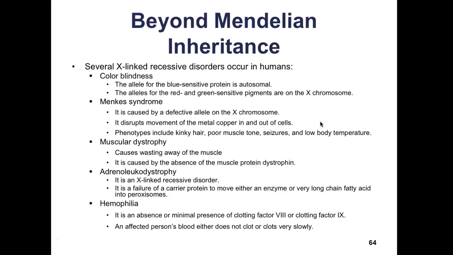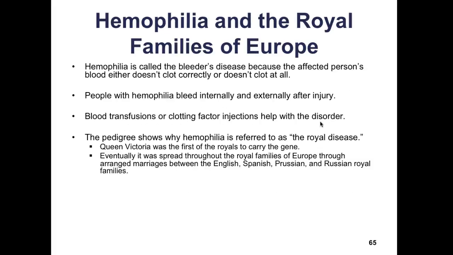Hemophilia is another X-linked disorder that is recessive. It is the absence or minimal presence of the clotting factor known as factor 8 or factor 9. An affected person's blood either does not clot or clots very slowly. Hemophilia is often used as an example within the royal families of Europe.